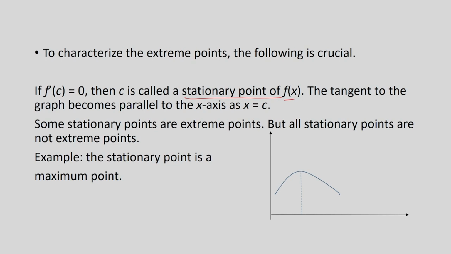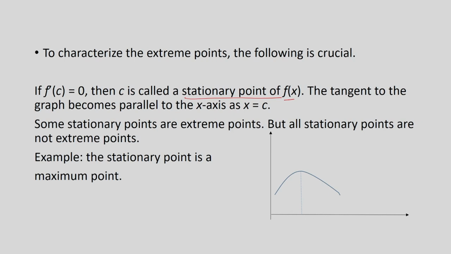Now, if I have this function f such that at point c f dash of c is equal to 0, what does it mean? It basically means that at this particular point c, the tangent to the graph is parallel to the x-axis. This is very obvious because the derivative of a function at a particular point is nothing but the slope of the tangent.